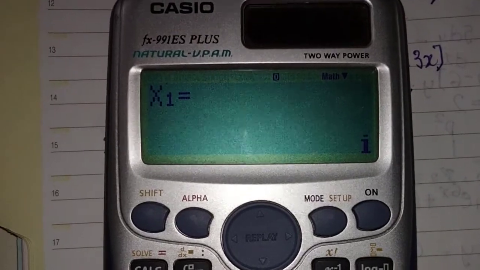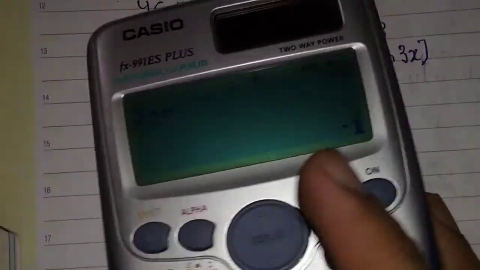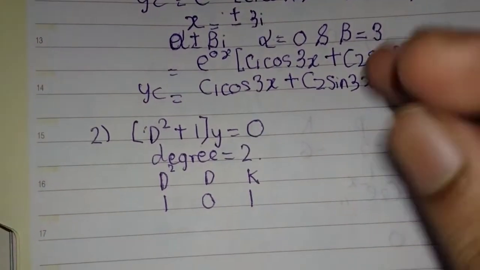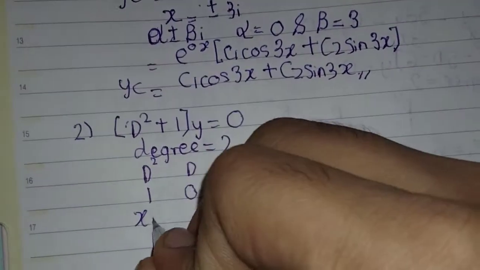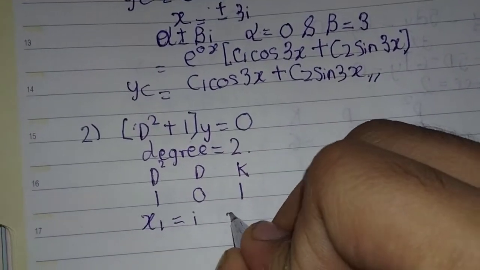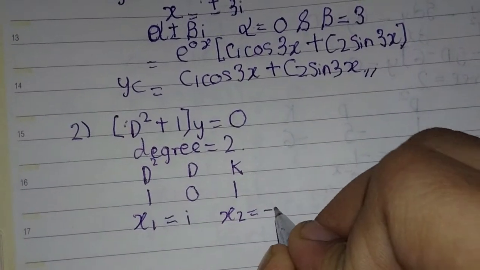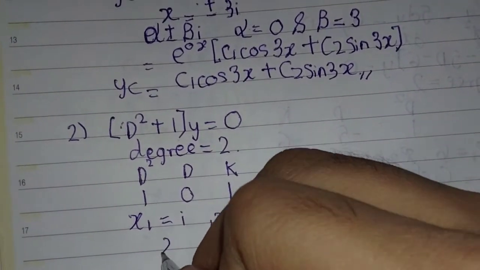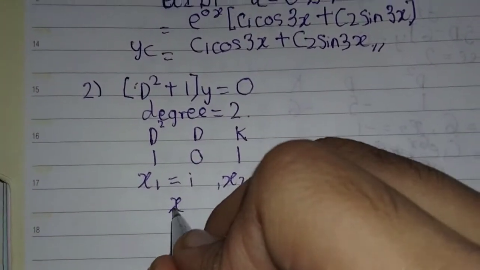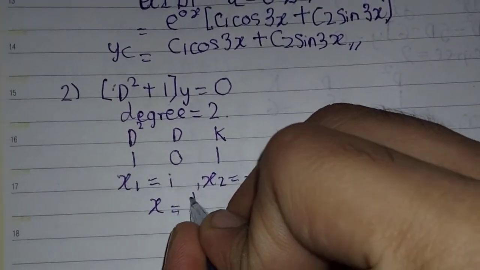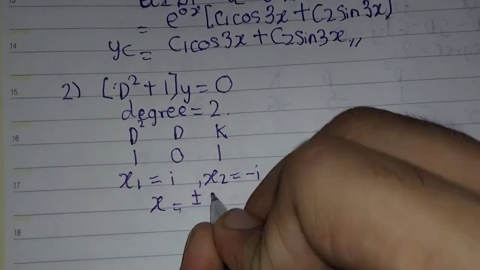We get x1 is equal to i and x2 is equal to minus i. You can write both terms together as x is equal to plus minus i.